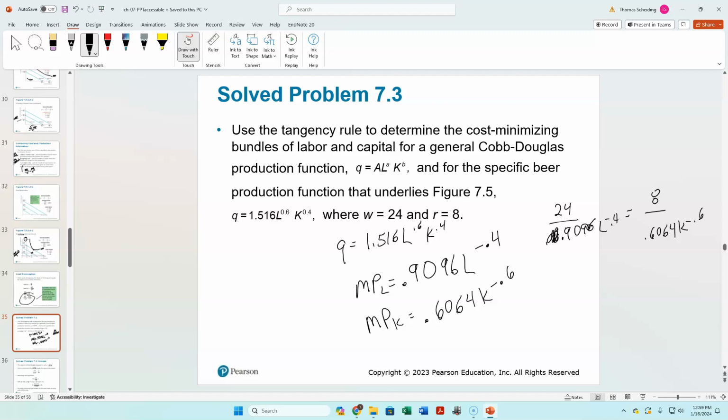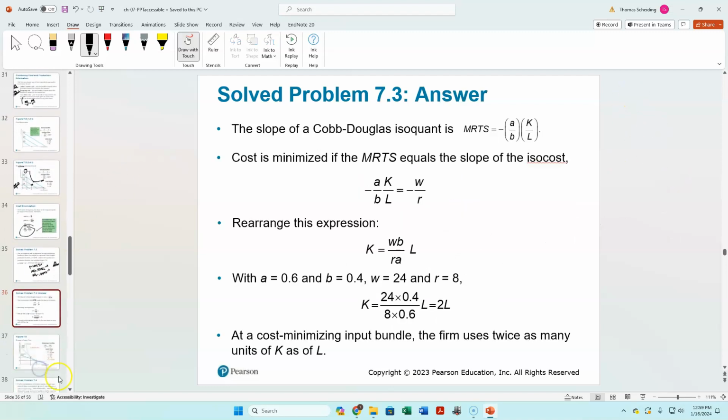And then we would cross multiply, and then we would start solving for K and L. Thinking they're probably going to do that here. Yeah, and they do. So they set it up, and now they're cross multiplying, and now they've got K in terms of L.